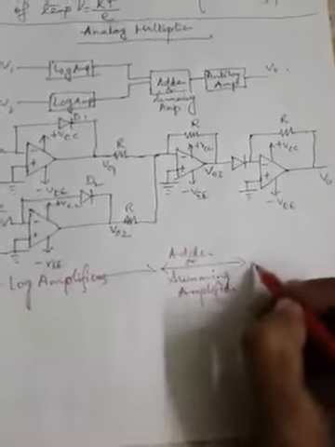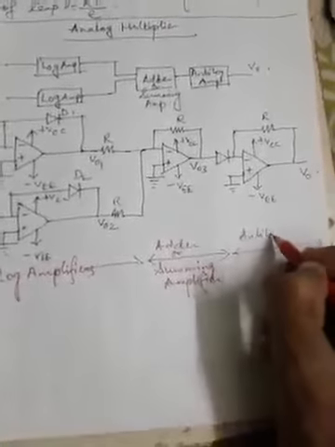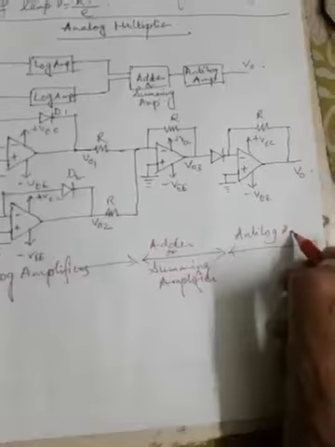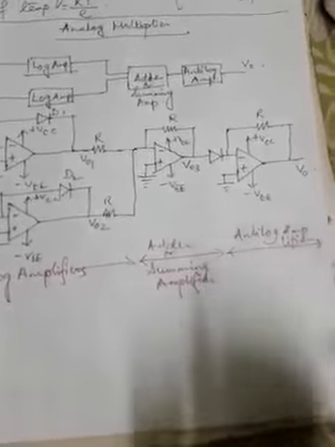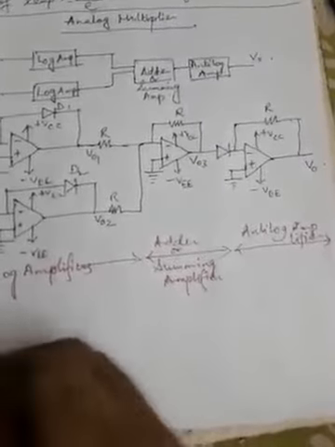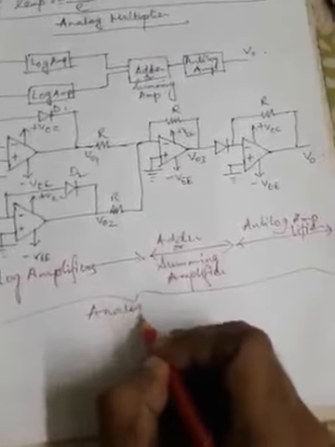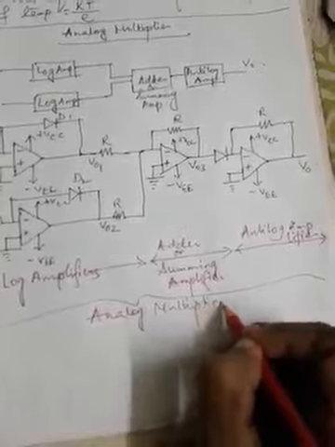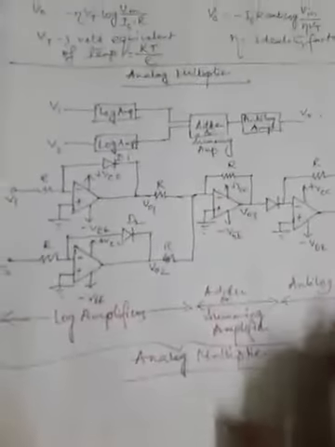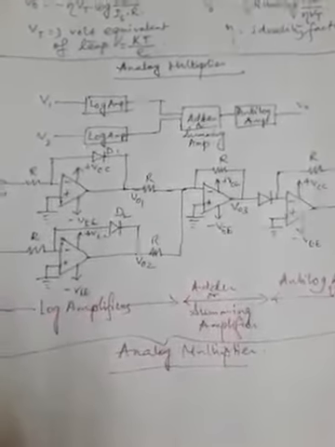And the third one is the anti-log amplifier part. And as a whole, it is the analog multiplier circuit. Okay, so this is the circuit for analog multiplier.